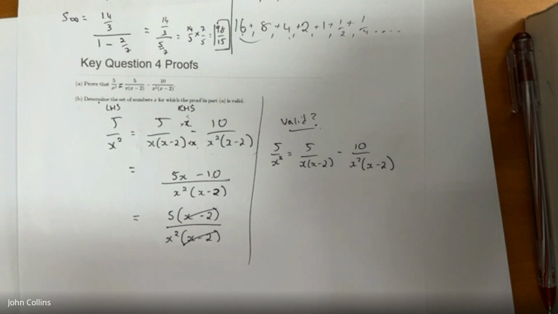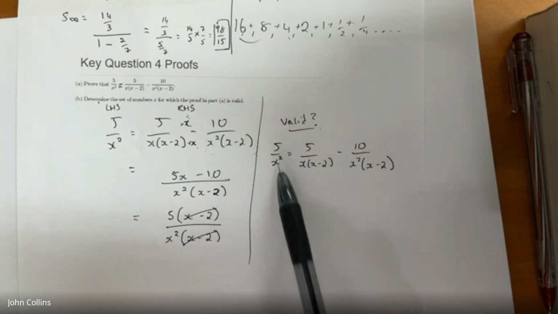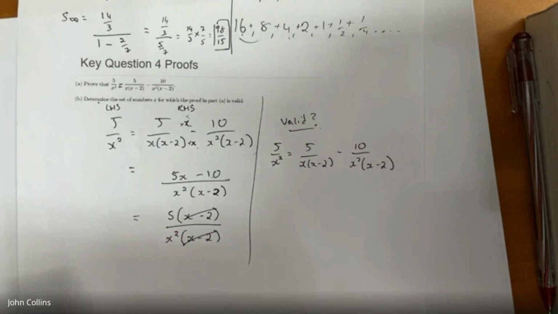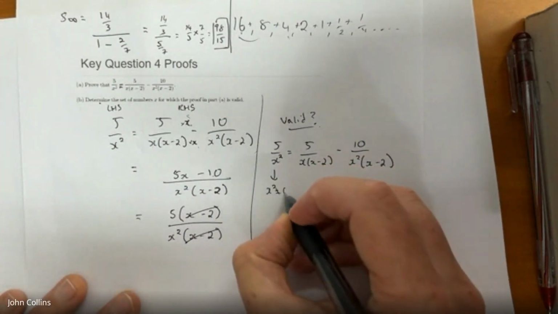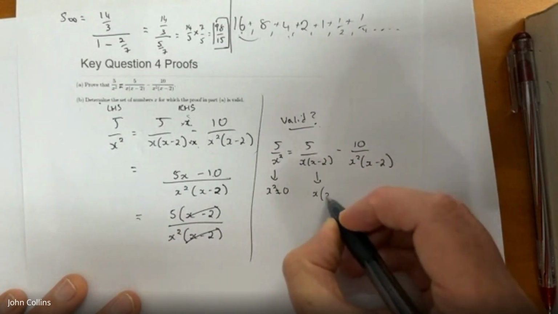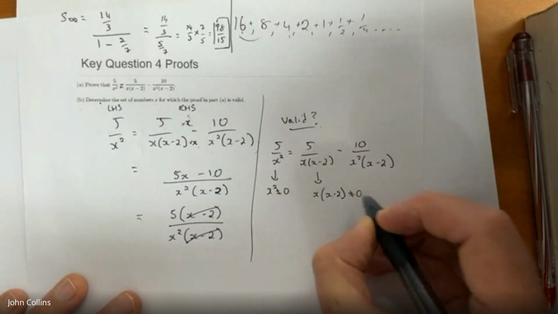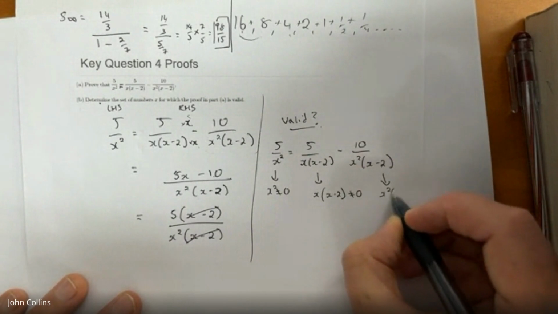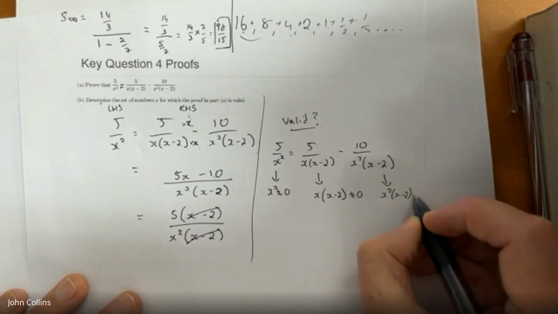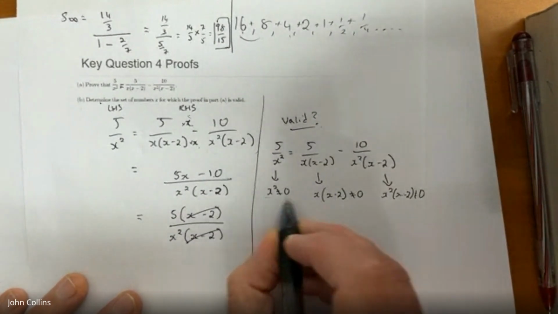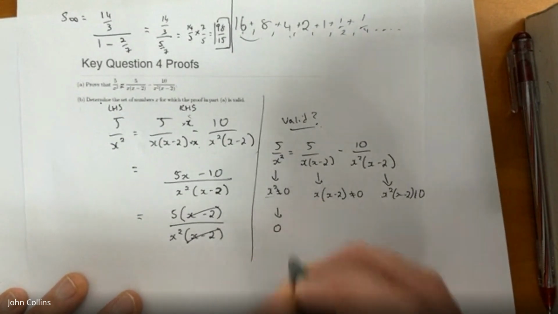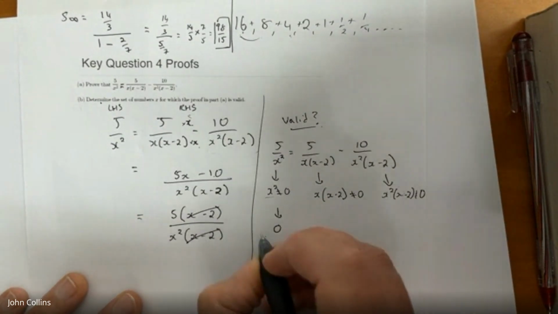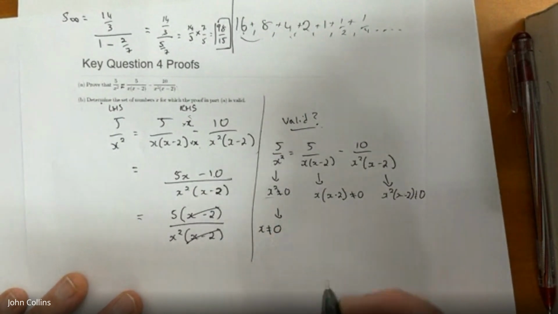Because then it wouldn't be a real number. You can't divide by 0. You're thinking you cannot divide by 0, which means this cannot equal 0, and this cannot equal 0. For this one, the only number that makes this 0 is 0. So x cannot be 0 is one thing that makes it not valid.